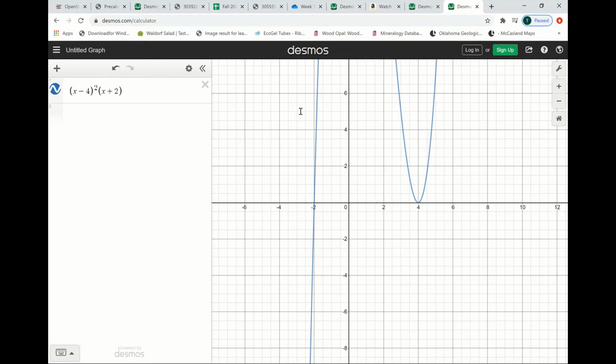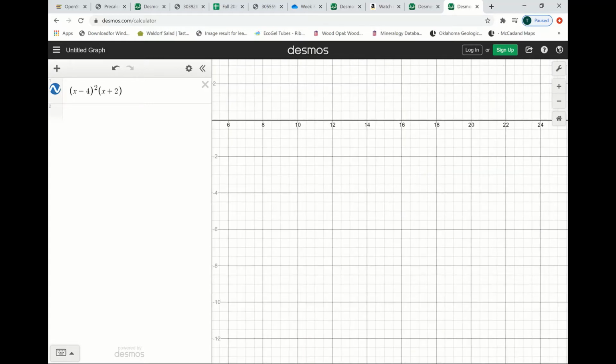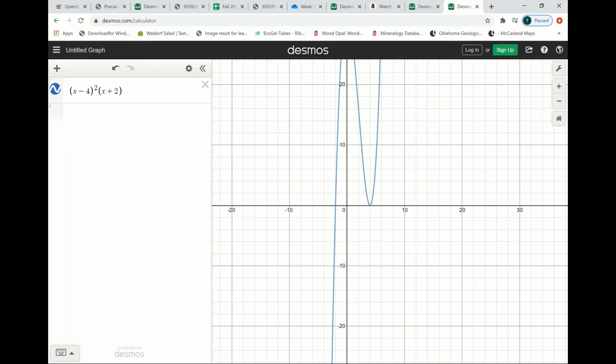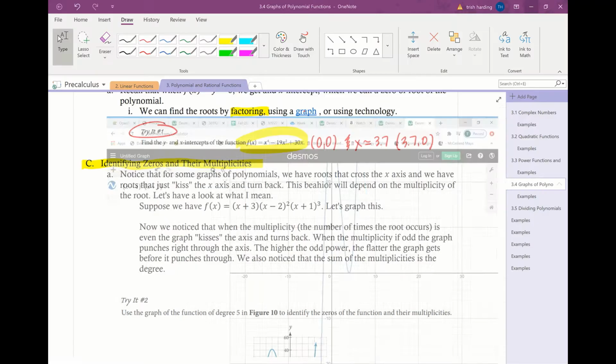So notice if we were to multiply all of this out, we would get something of a third degree polynomial. And what we're going to talk about here is when it goes through the axis. So do you see in this one root where it goes through the axis, and then another root where it sort of just bounces off? This is what we're going to be talking about.